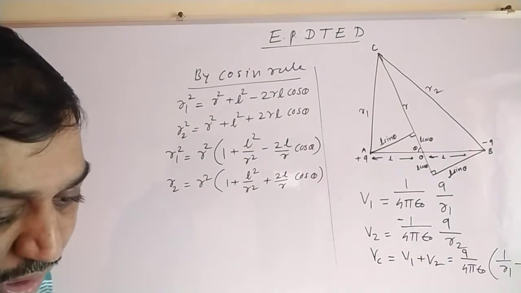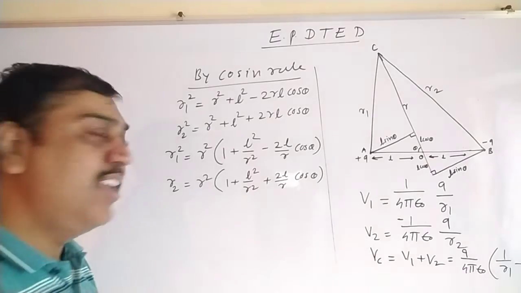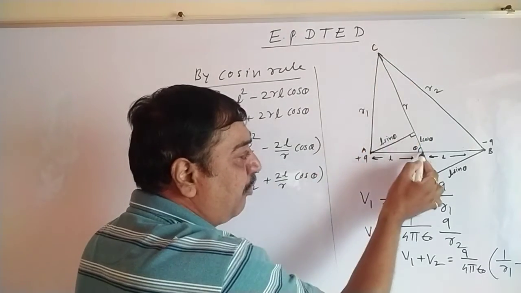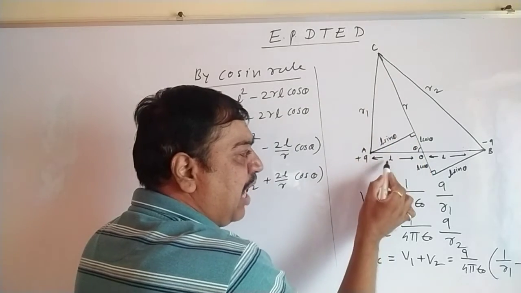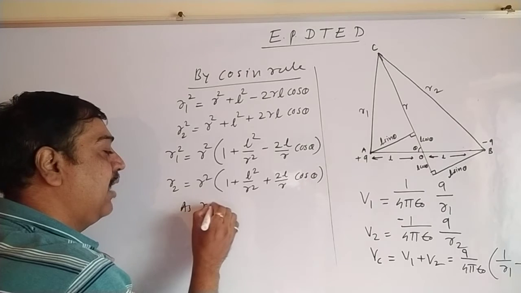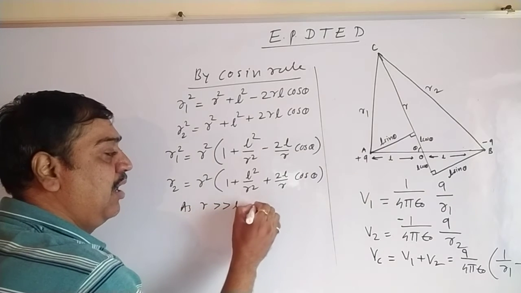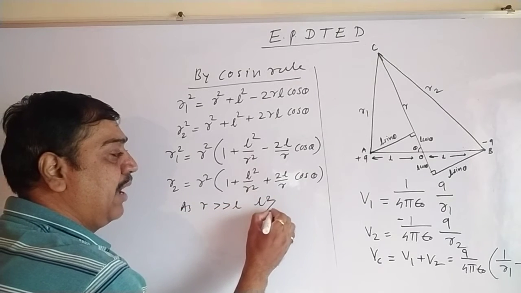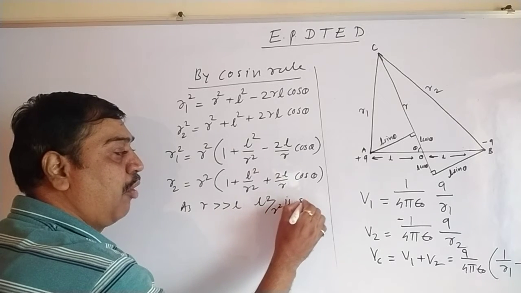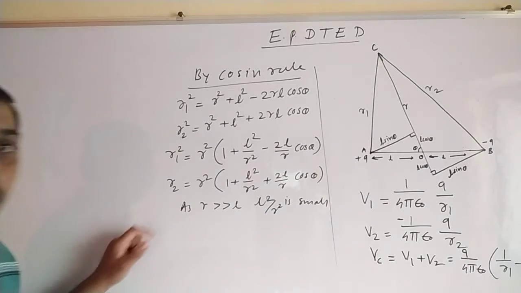Now the question comes that R is very much greater. If you see in the diagram, this distance R from O to C is very much larger than L. So we can say as R is very much greater than L, L square divided by R square is very small. So we can neglect that term in both the equations.